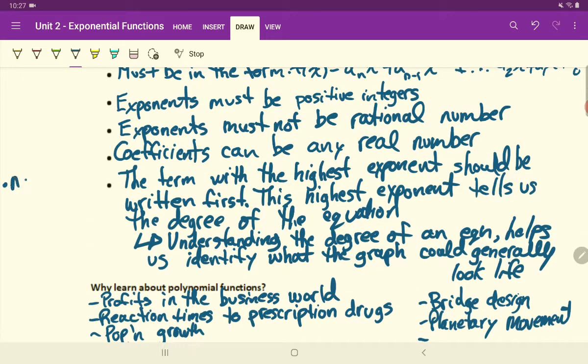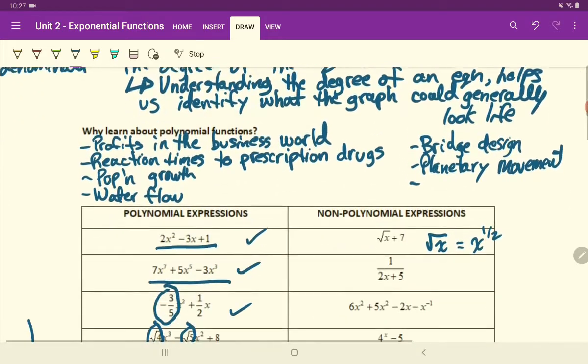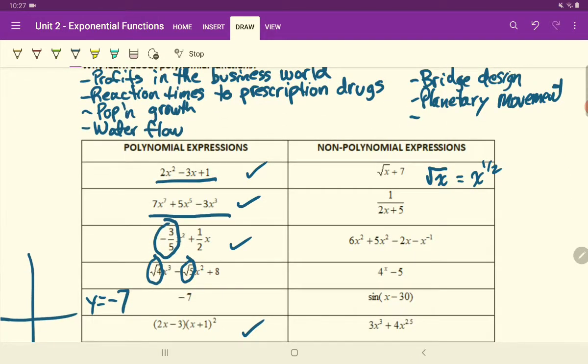So no variables in the denominator, if there is a denominator, of course. You can have a number in the denominator and it still be a function, but you can't have any variables. So therefore, this is not a function.